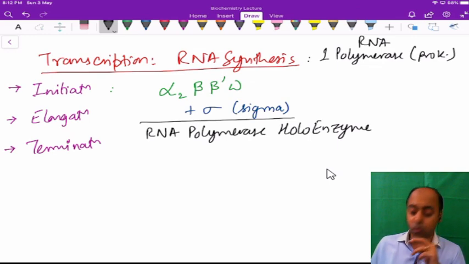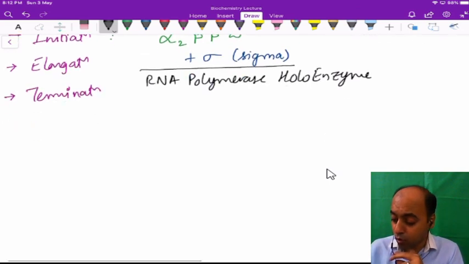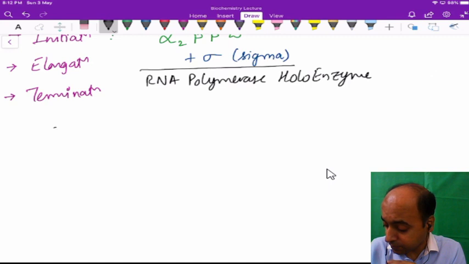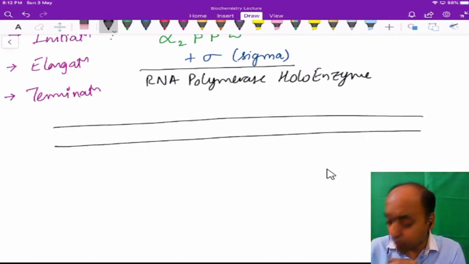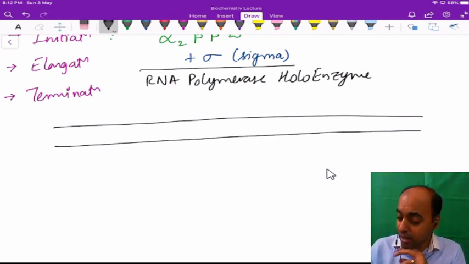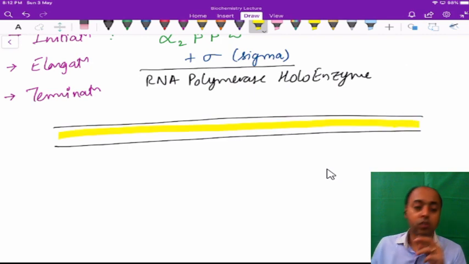This RNA polymerase holoenzyme will now go and attach to the DNA, and it will start scanning the DNA. It will start scanning the DNA for what? For a specific sequence, which is called the promoter.